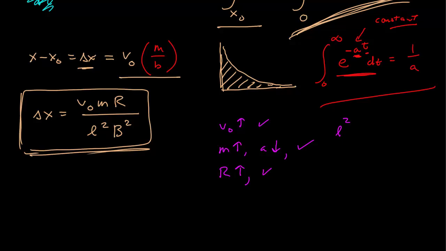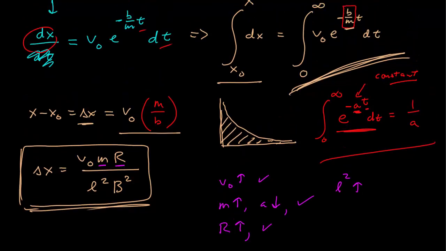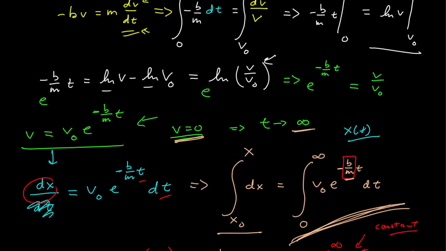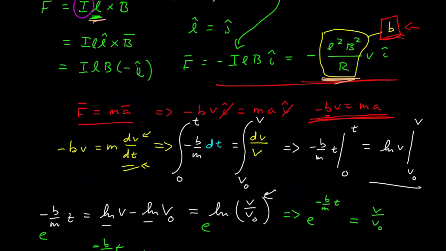L squared. If L squared goes up, assuming the mass and the resistance are the same, then you're going to have a larger force, because the force is right here.